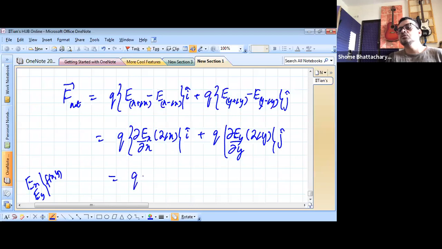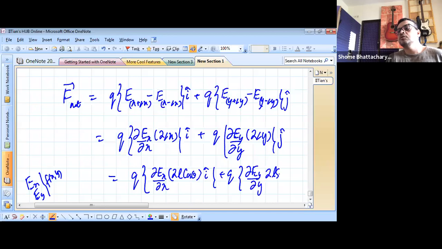So this is Q into del Ex by del x. Now this was basically the size of the dipole's x component. Okay. So this is 2L cos theta I cap, and similarly this is 2L sin theta j cap, where we've understood earlier what your theta is.